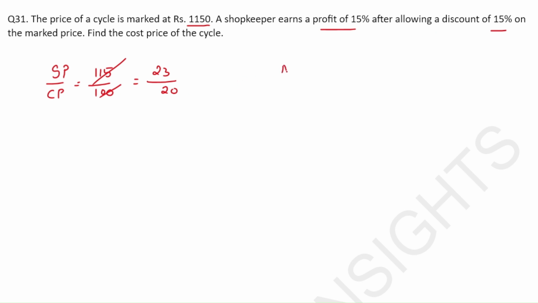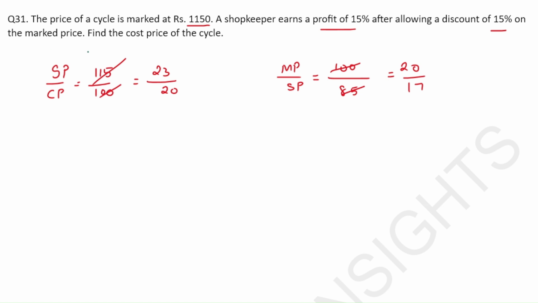Now discount means we're talking about mark price by selling price. So if the mark price is 100, after a discount of 15%, you have to sell the product at 85. So convert into simplest form. So this will be 20 by 17. So you have to find the cost price.